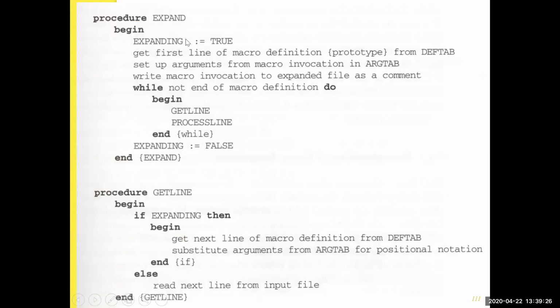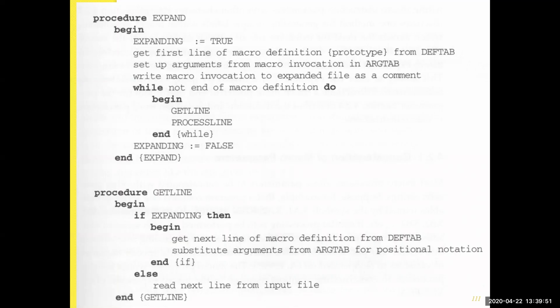So after EXPANDING is set to true, the first line will be fetched from the definition table, which is generally the macro prototype, and this first line is identified by the pointer from the name table, because the EXPAND procedure is called whenever a macro name is found in the name table and the corresponding definition is read.